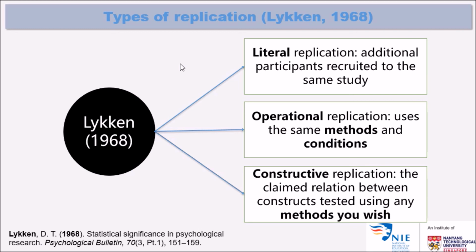For example, if you did an initial study and used a t-test, that constructive replication, which is done in the future, might use a regression analysis, or it may even use a different instrument from the instruments that you used to collect your data.